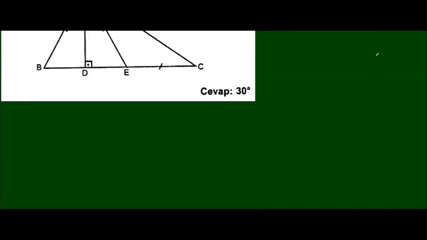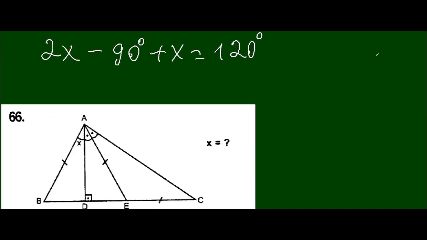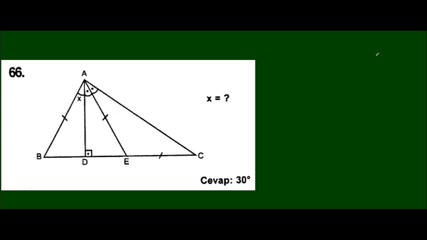So the last but not least problem, I guess, is this problem. Here, these angles we can indicate as alpha. This angle will be also alpha. We have to find x here.